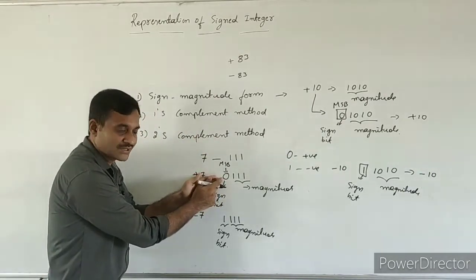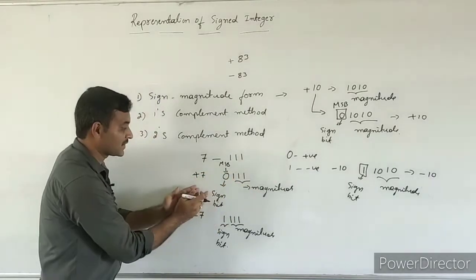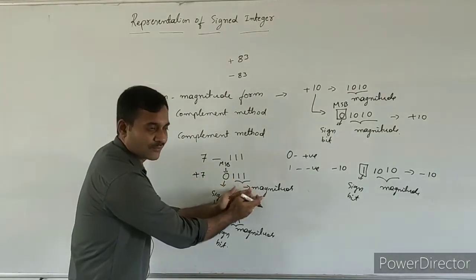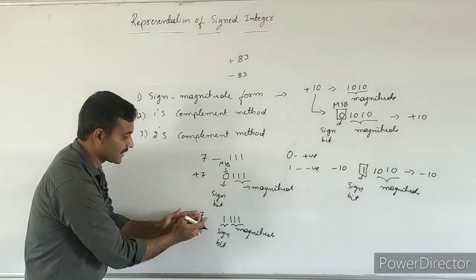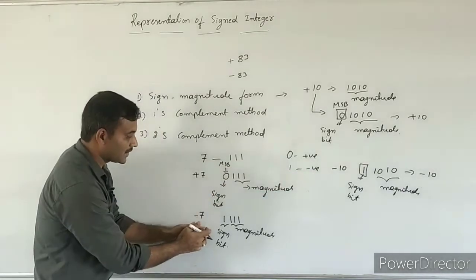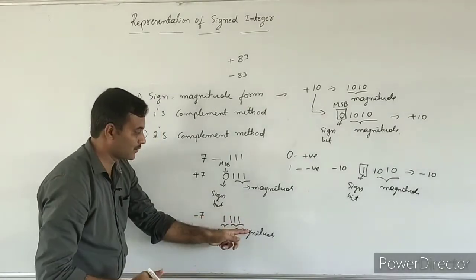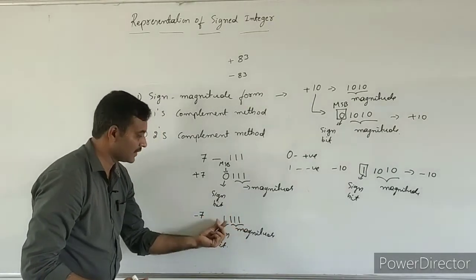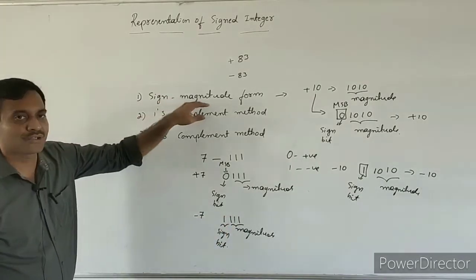The remaining 111 is the magnitude. That is the sign magnitude form representation. If you represent minus 7, 1 represents negative, so it is added to the most significant side, and the remaining 111 is the magnitude. That represents negative 7. So that is the sign magnitude form.